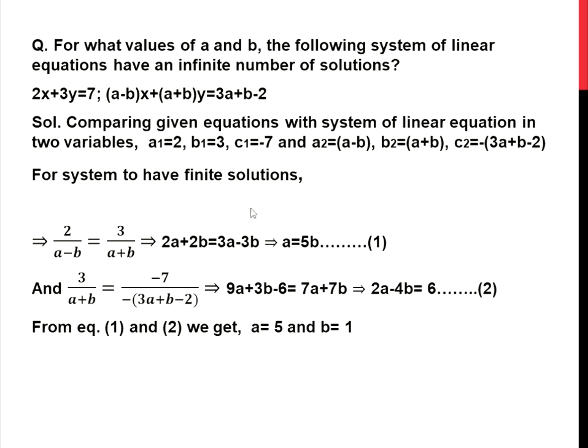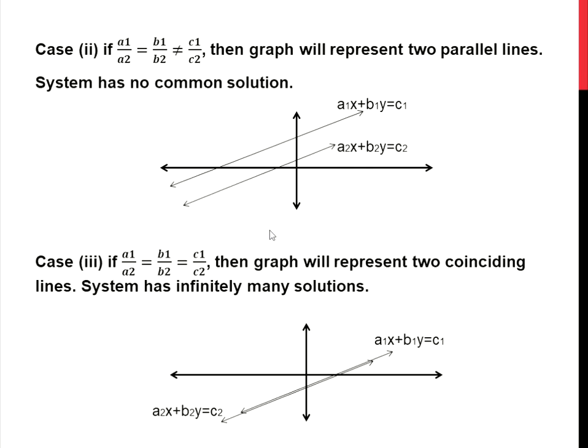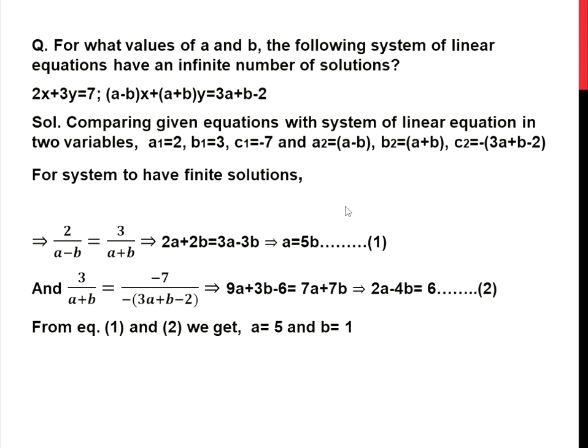For system to have infinitely many solutions, we take a1 upon a2 equal to b1 upon b2.